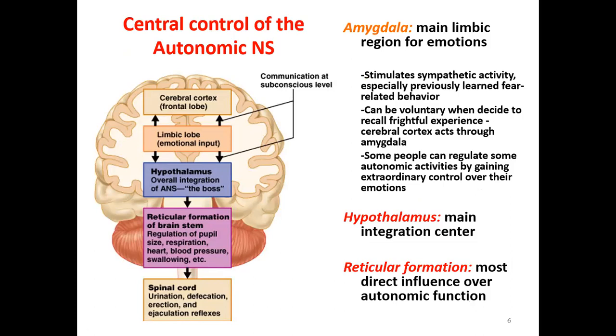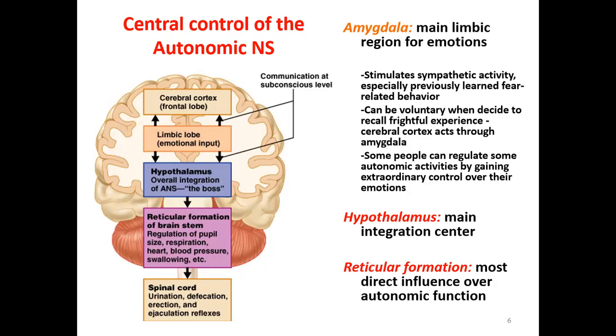the major limbic regions for emotions are present in the amygdala. So the amygdala consists of the main limbic region for emotions. Here in the brain we have the limbic lobe or the limbic region, which is mainly for the emotional input. This emotional input is under the control of the cerebral cortex, and it communicates with the cerebral cortex and also with the hypothalamus.